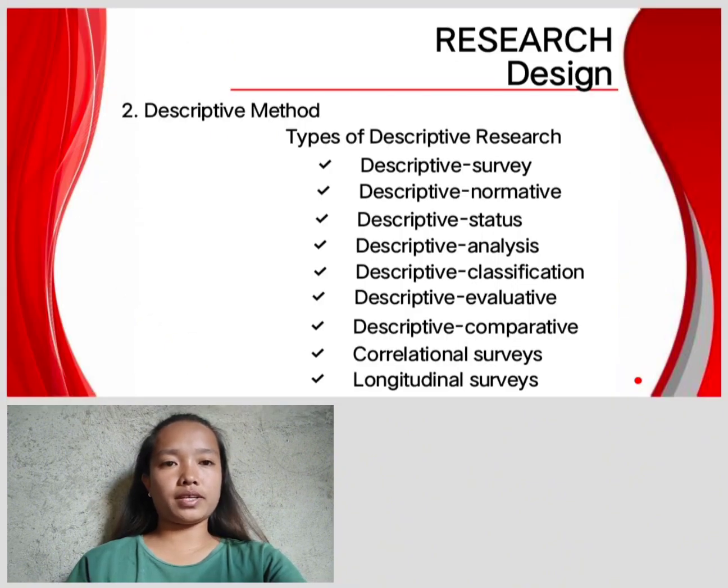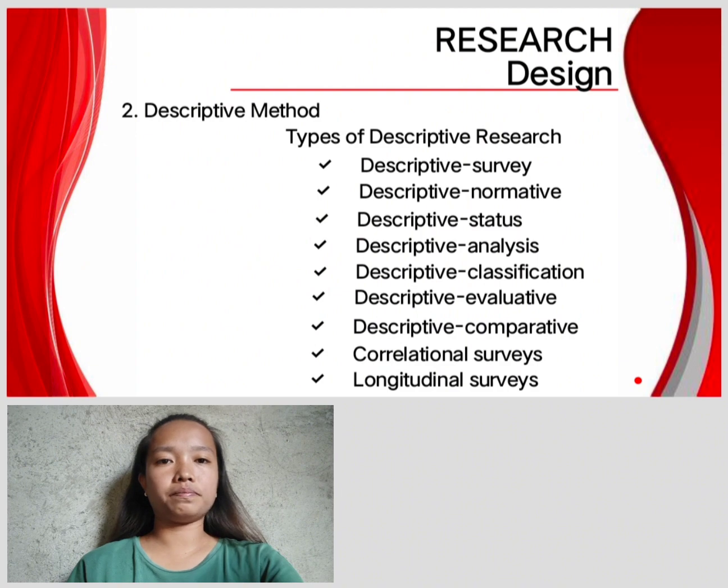Types of descriptive research: descriptive survey, descriptive normative, descriptive status, descriptive analysis, descriptive classification, descriptive evaluative, descriptive comparative, correlational surveys, longitudinal surveys.